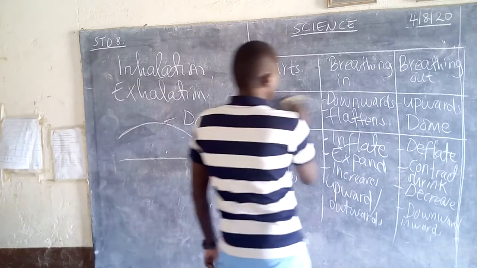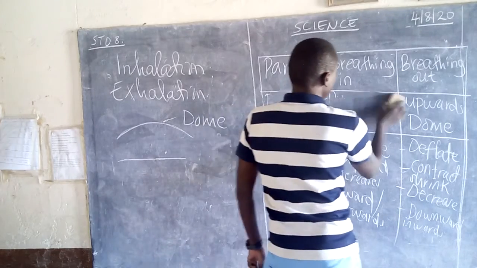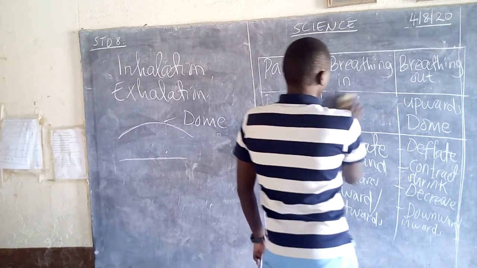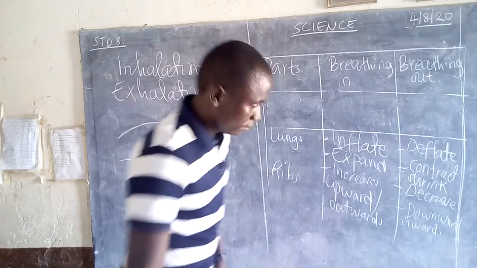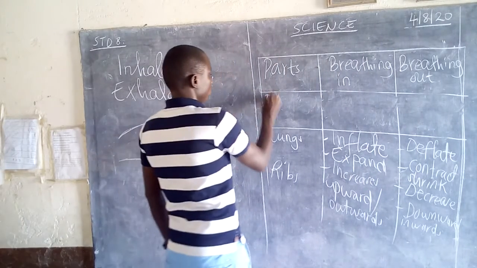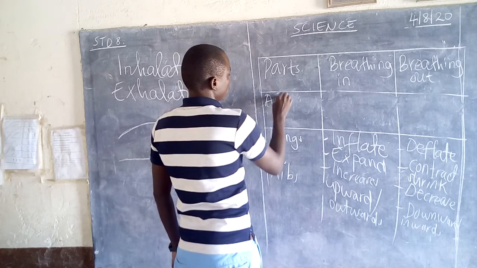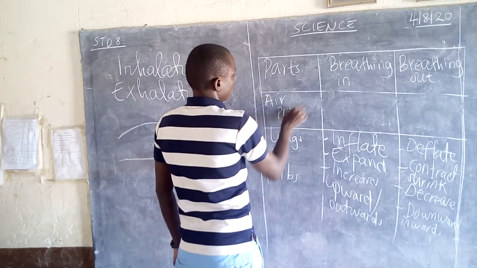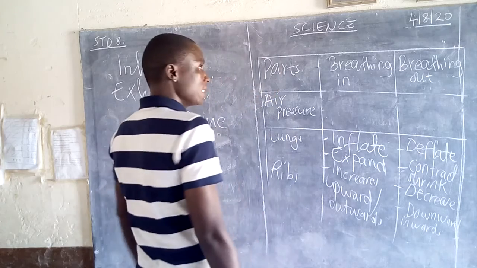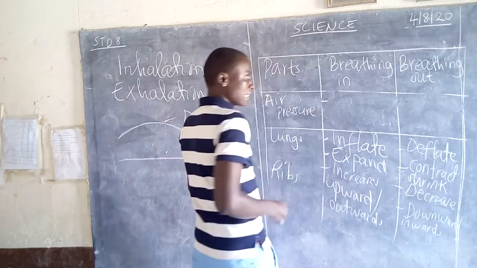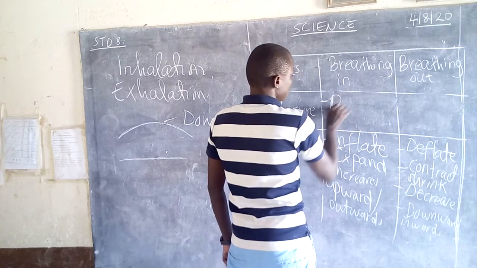Then lastly, we go to air pressure in the chest cavity. What happens to air pressure in the chest cavity when you're breathing in? When you're breathing in, pressure in the chest cavity decreases.